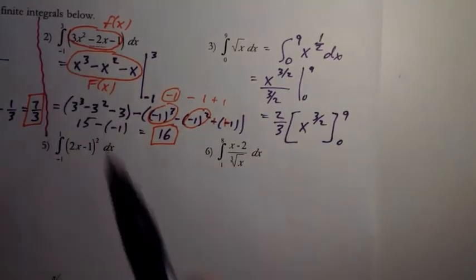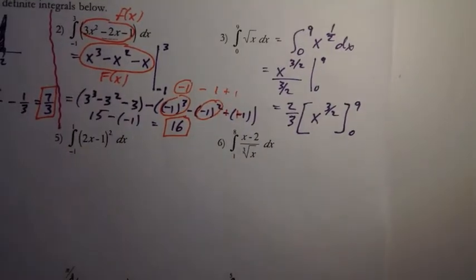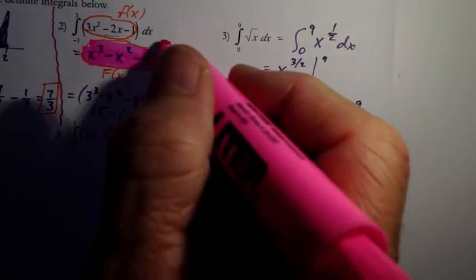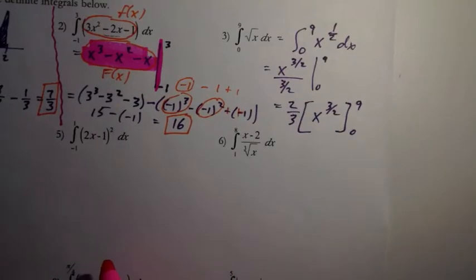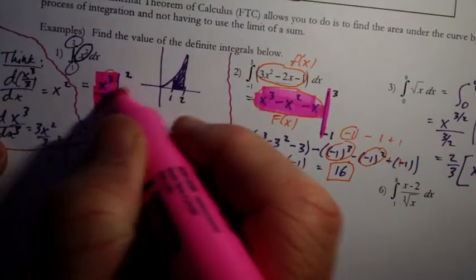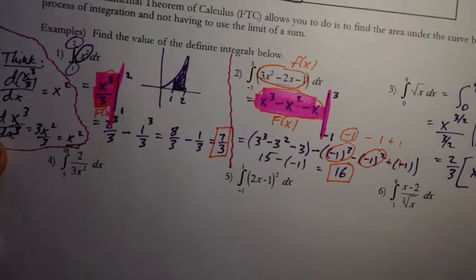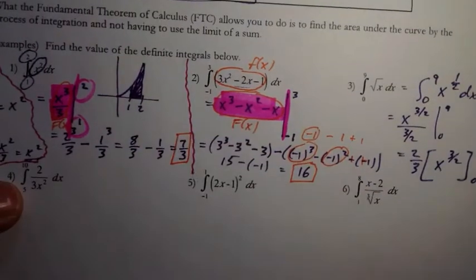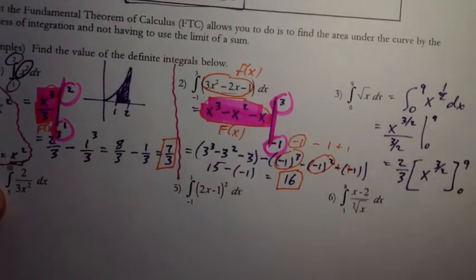Notice over here we have the antiderivative not surrounded by brackets, just the antiderivative and then one line, because there's no constant out in front. Same thing over here. We have the antiderivative and then the line, which shows what the upper and lower limits of integration are. Same with over here.